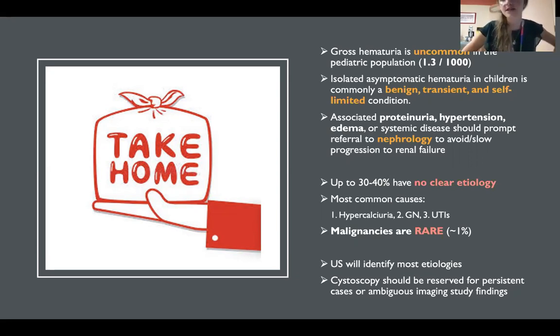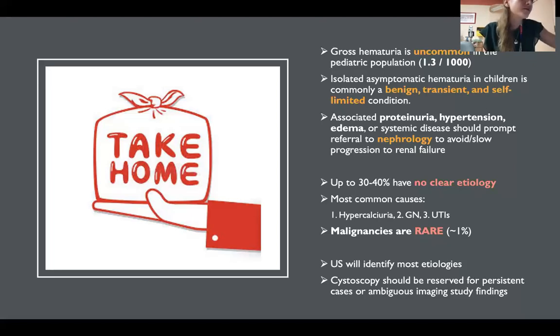Also, urethrorrhagia is up there with glomerular nephritis and UTIs, and has to be considered because it's usually missed. Another important fact is that malignancies are very rare, but nonetheless very important. They represent around 1% of the causes of gross hematuria in children.